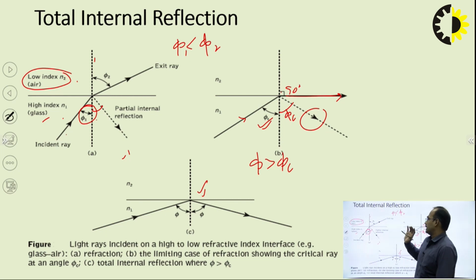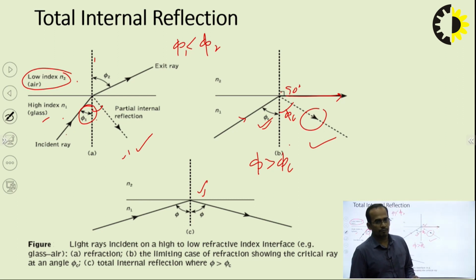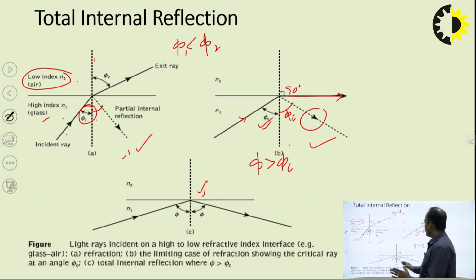In figures A and B, you can see there is a partial reflection, but in case C, you can observe the total internal reflection, that is, the incident ray will be reflected back into medium 1.